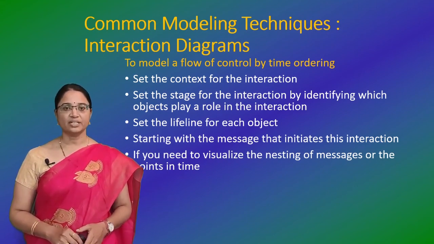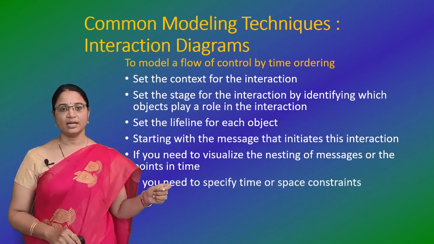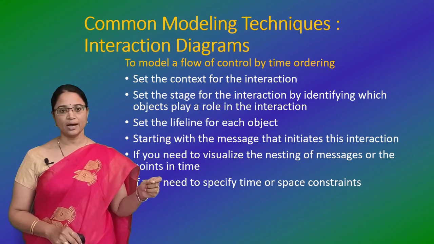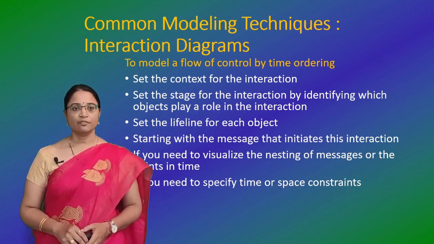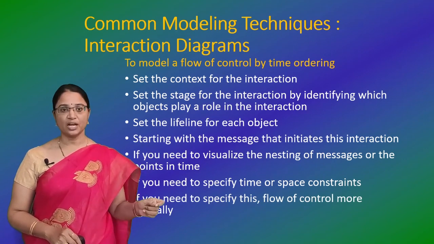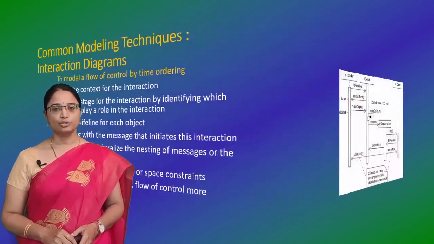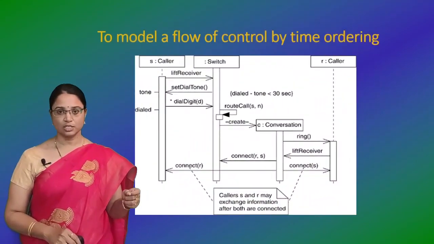If you need to specify time or space constraints, decorate each message with a timing mark and attach suitable time or space constraints. If you need to specify this flow of control more formally, attach pre and post conditions to each message. Okay, this is how you need to model a sequence diagram.